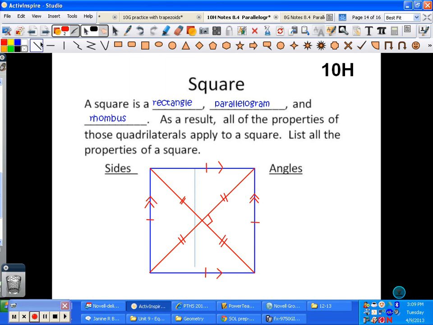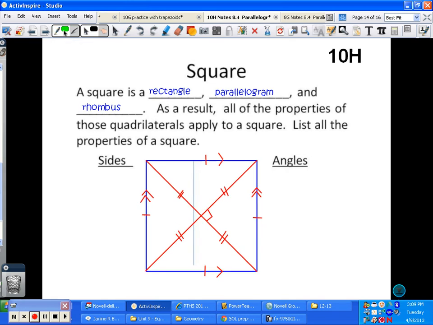And then there's also a fair amount that we know about the angles. We know that this angle and this angle are congruent. We know that all of these angles are congruent to one another. Okay, and I'll just change colors just so we can kind of see it.